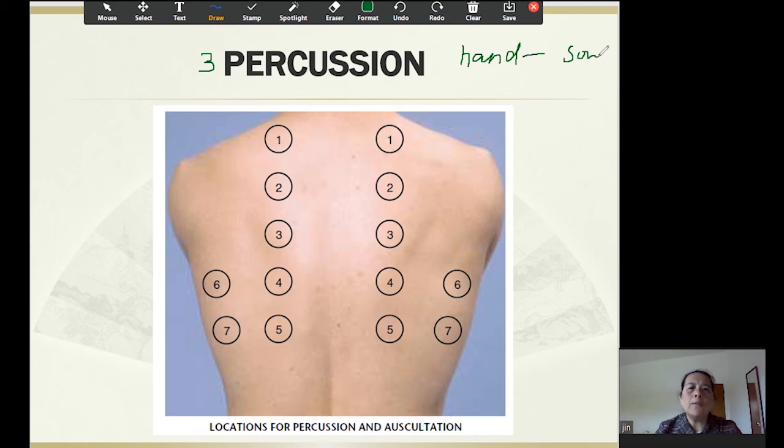It's not the feeling. Palpation is using our hand for feeling. Percussion uses the hand to make some sounds, and we hear the sounds. That's percussion.